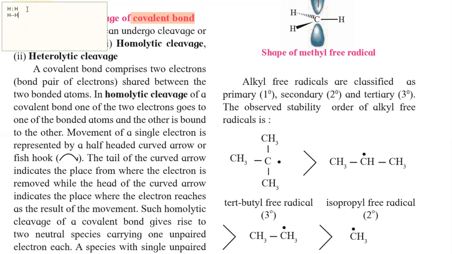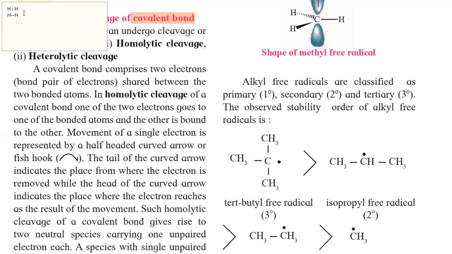So here I will show this, hydrogen single bond hydrogen. This single bond is made up of two electrons, and this bond is called a covalent bond. In short, a covalent bond is made up of two electrons, and these two electrons are shared by these adjacent atoms. So these atoms are bonded together by a covalent bond.